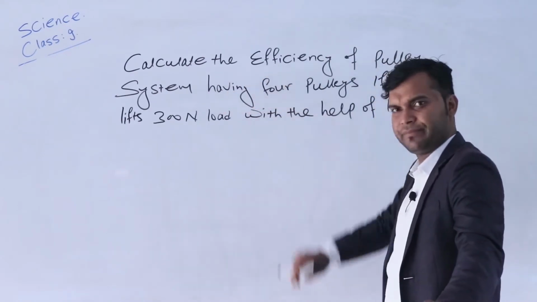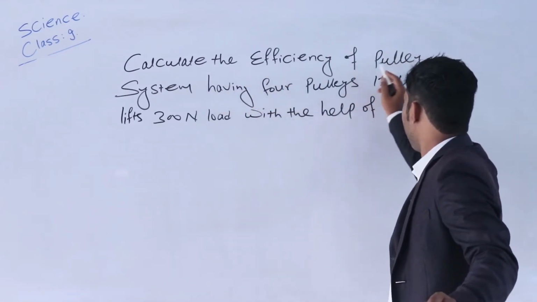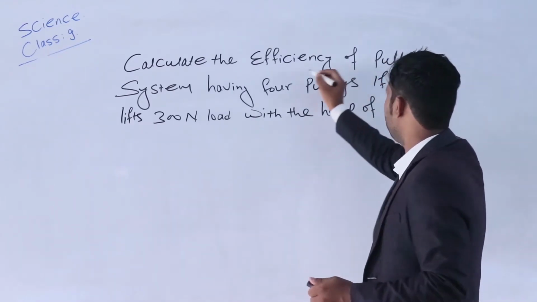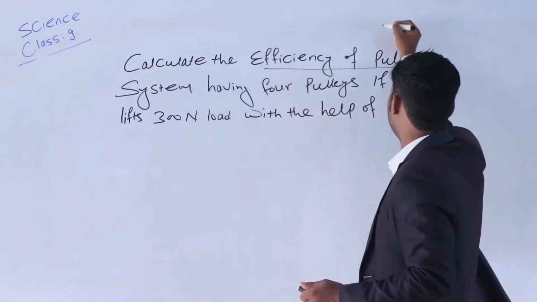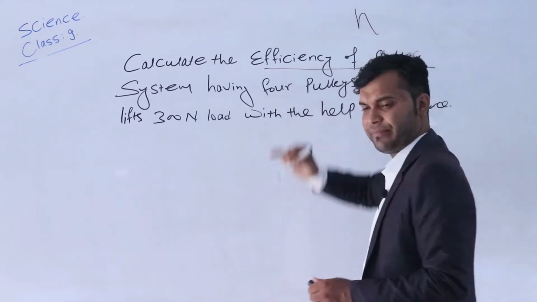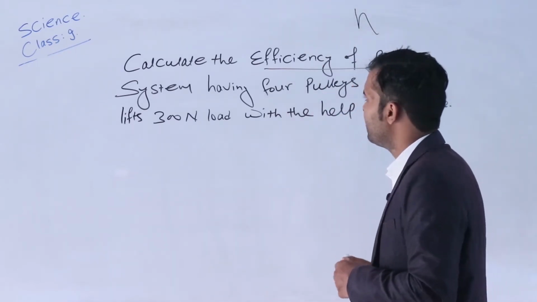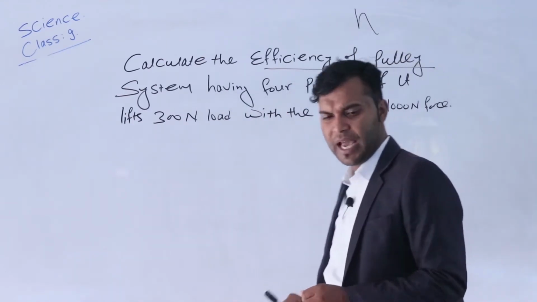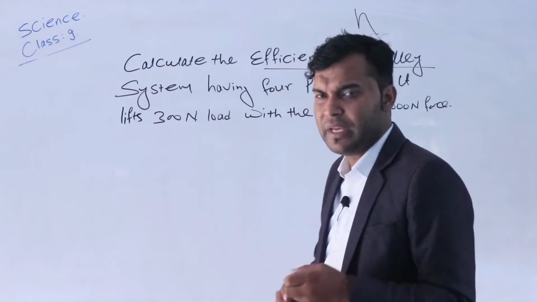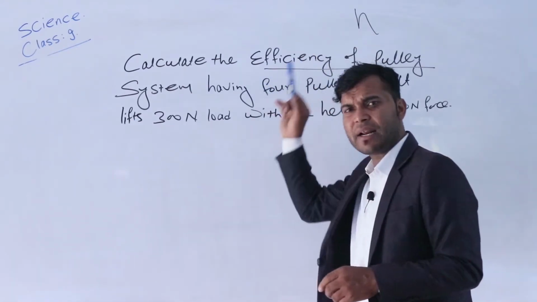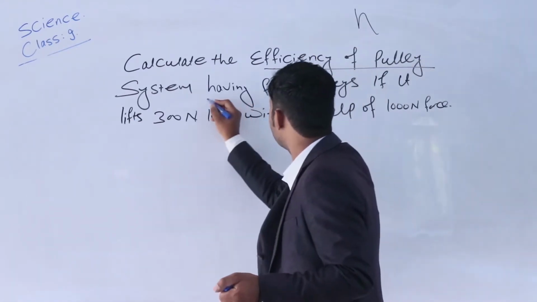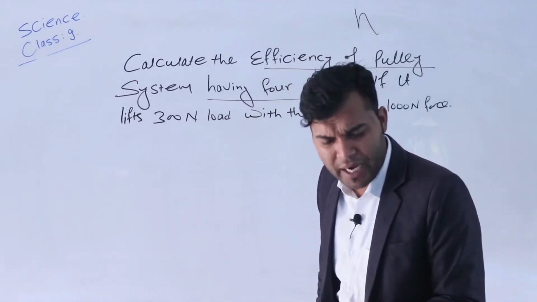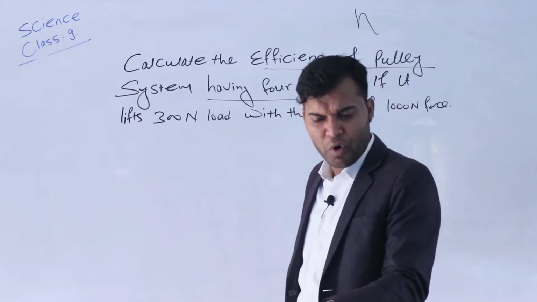Please look at this numerical problem. Calculate the efficiency of a pulley. To calculate the efficiency of a pulley, we should calculate the efficiency. The pulley system has 4 pulleys. The number of pulleys determines the VR, so VR is 4.